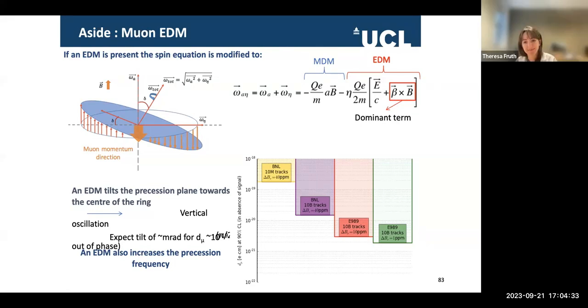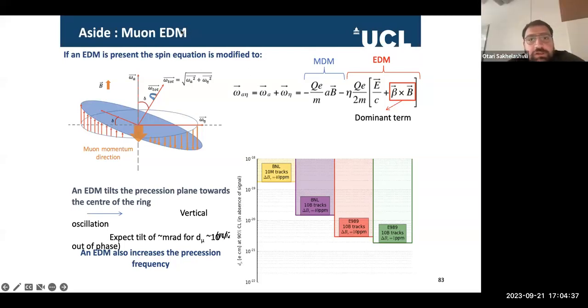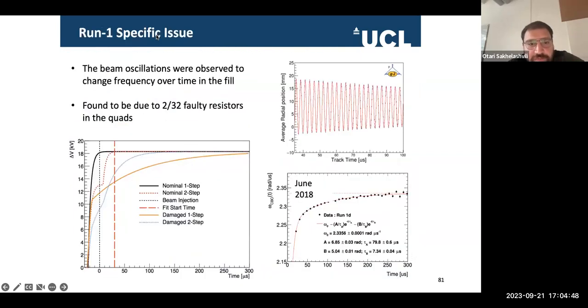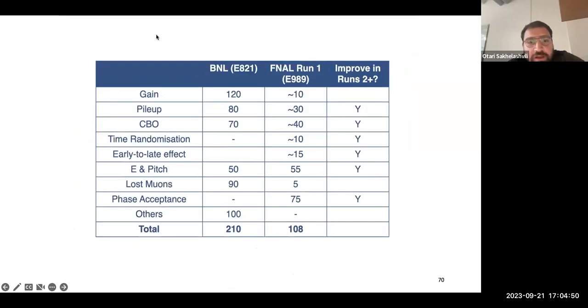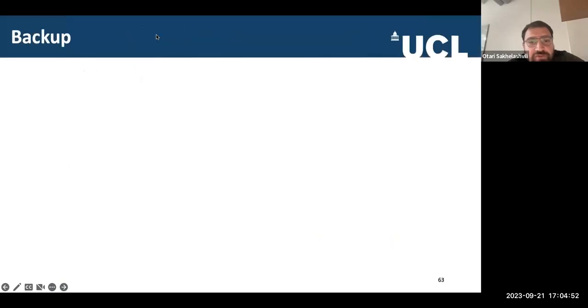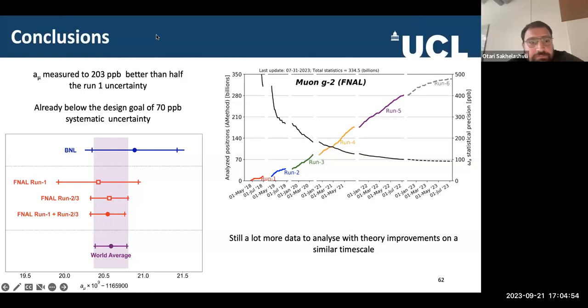All right. Maybe one question. If we take these new lattice results, like BMW, seriously, loosely speaking, how many sigmas would the tension be?